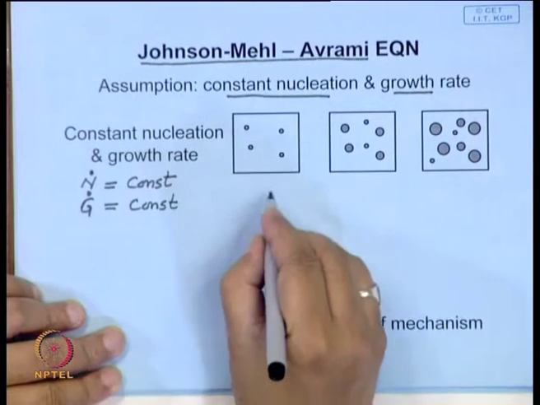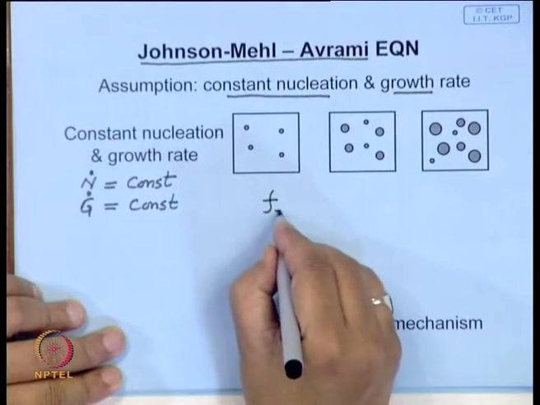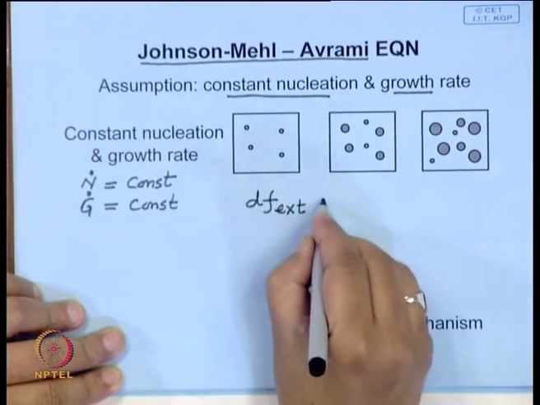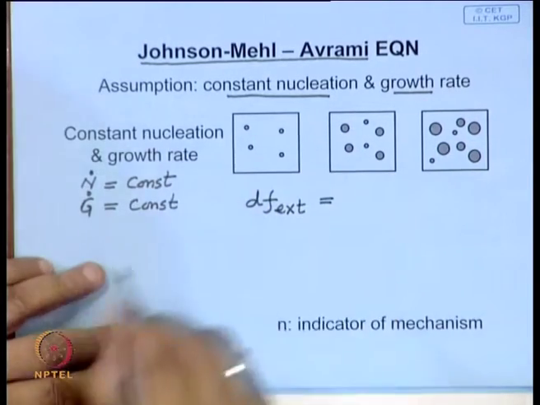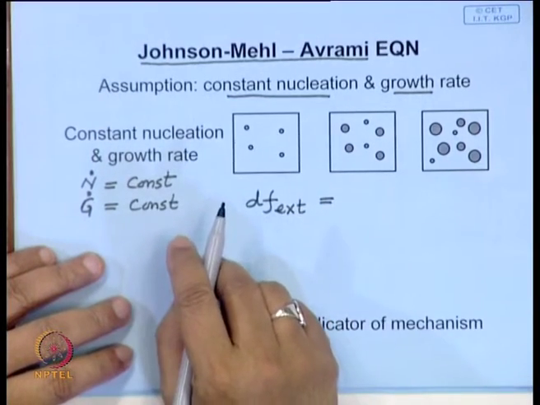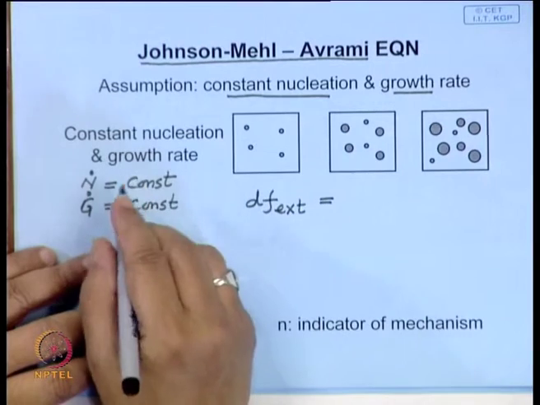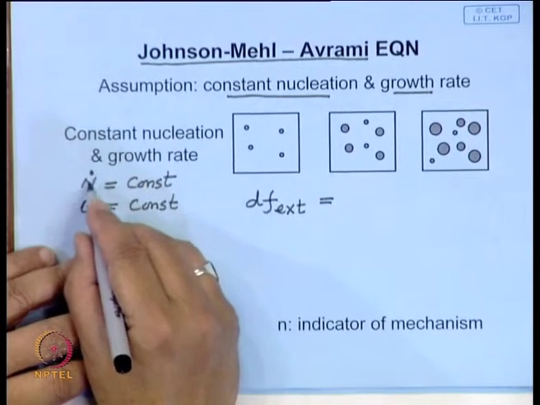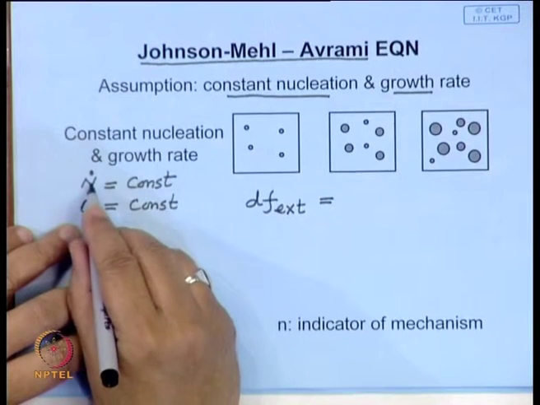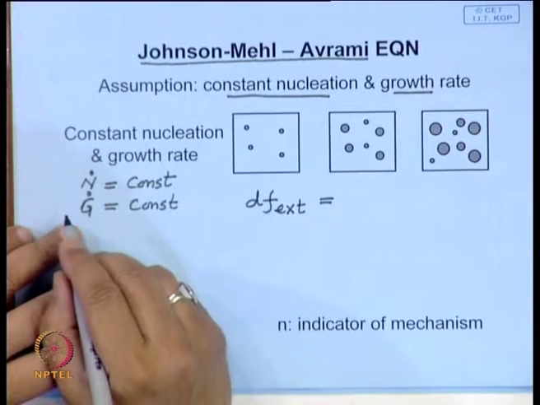So, here also we can try and find out a small increment in this. At any instant there will be some amount of nucleation, and you can find out the number of nuclei at any time.